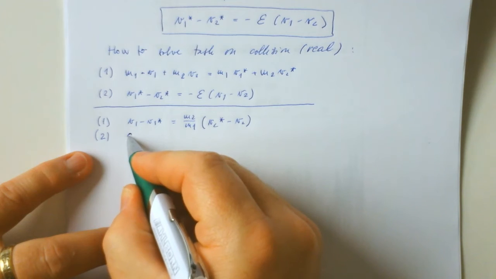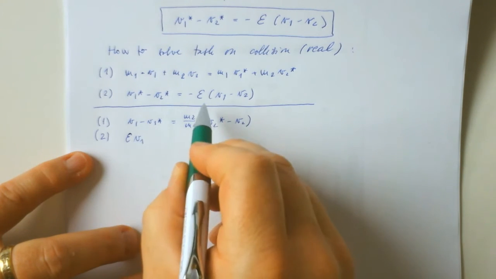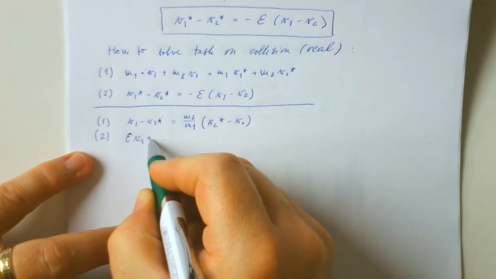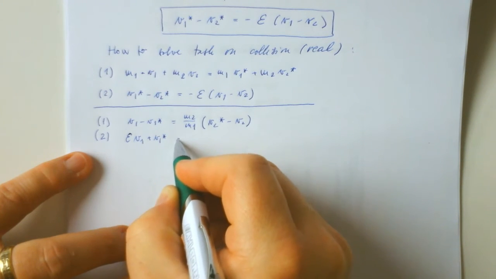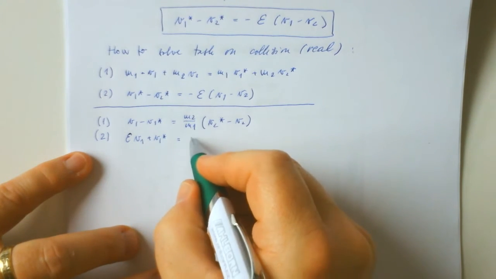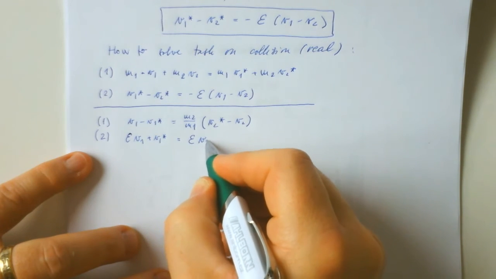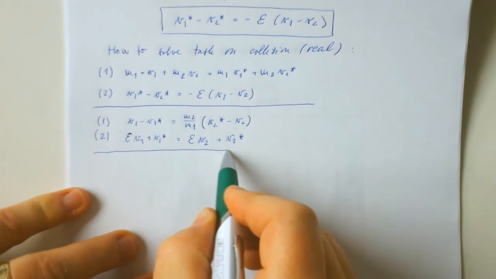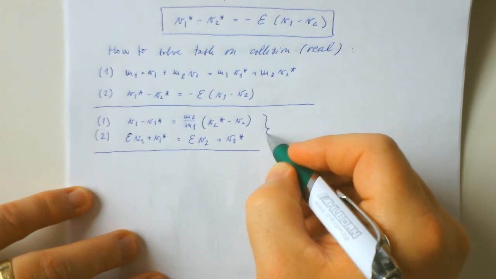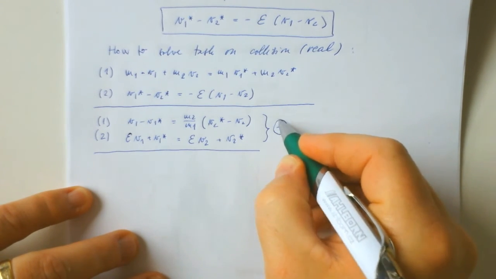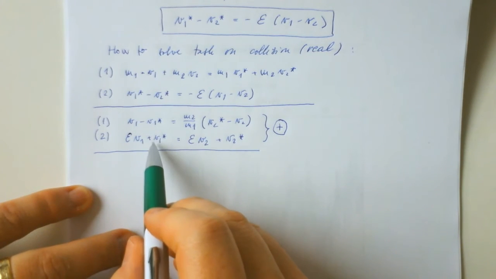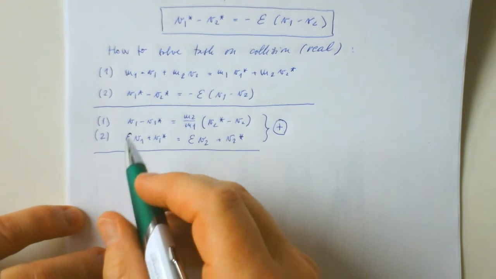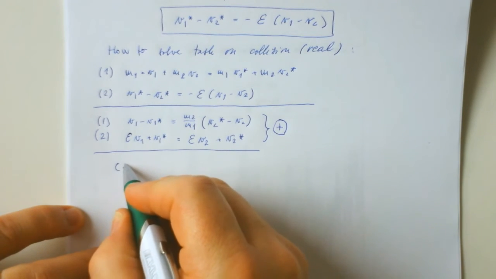So it is epsilon v1 plus v1 star is equal to epsilon v2 plus v2 star. We can add these equations and we can see this will be cancelled. So we continue like this.